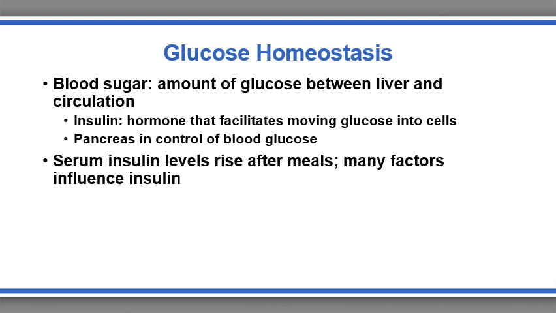Serum insulin levels rise after meals. As you take in your meal, your glucose levels are going to rise. In order to maintain homeostasis, the pancreas releases insulin. Insulin takes up that glucose in order to manage the blood sugar.